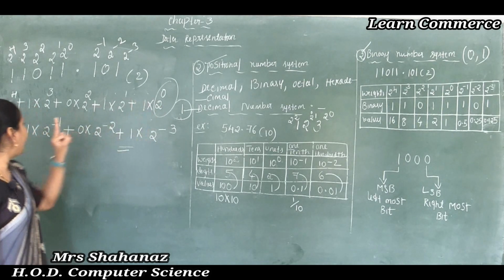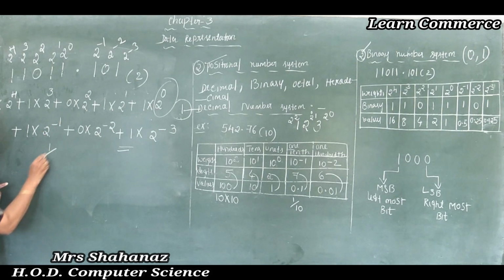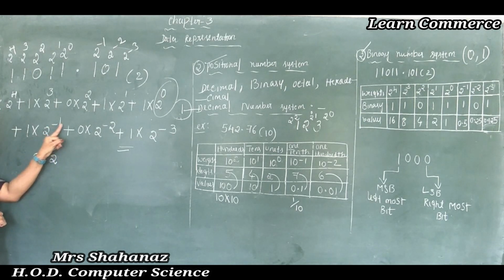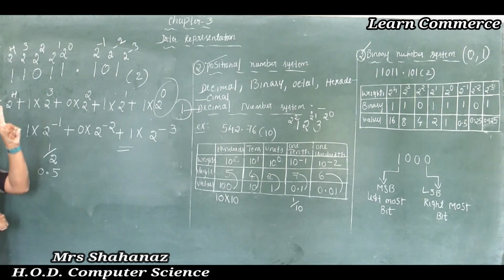Clear this point here? And next, plus 1 into 2 to the power of minus 1. 2 to the power of minus 1 means the value is 1 by 2. So 2 to the power of minus 1, 1 by 2, the value is 0.5. Because if we say half of 1 rupee, sure we can say that is 50 paise.